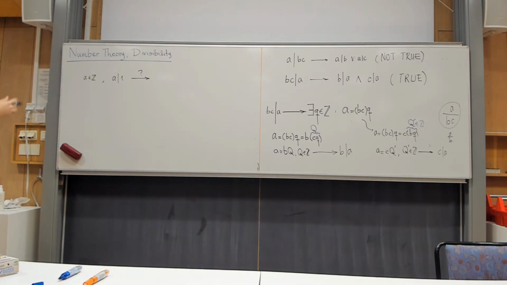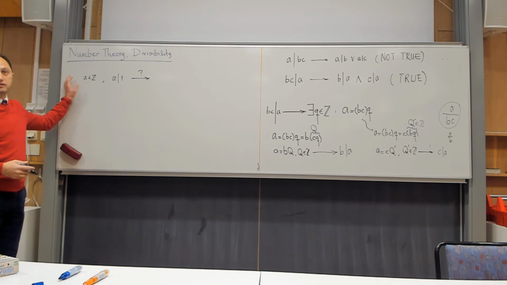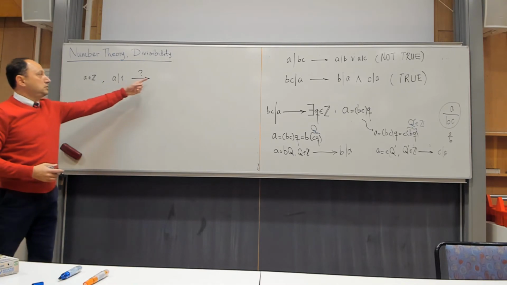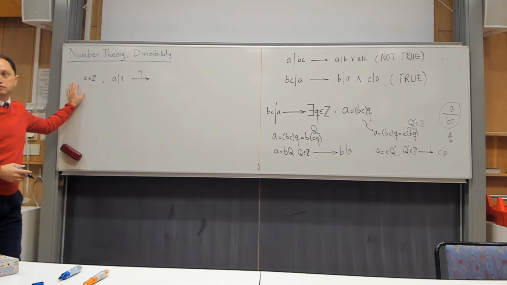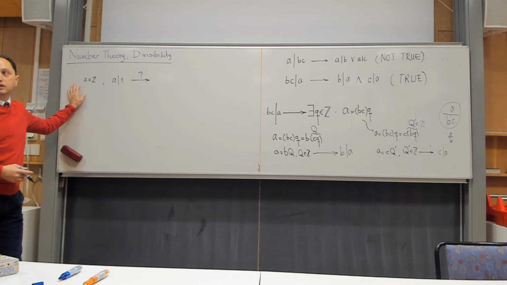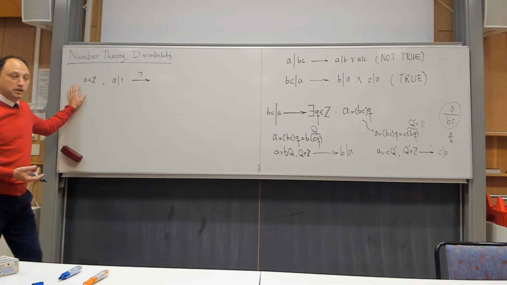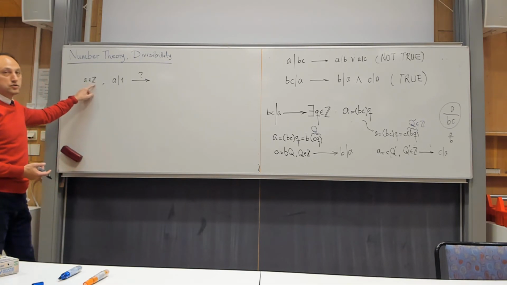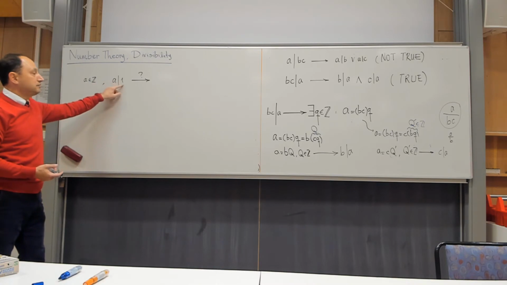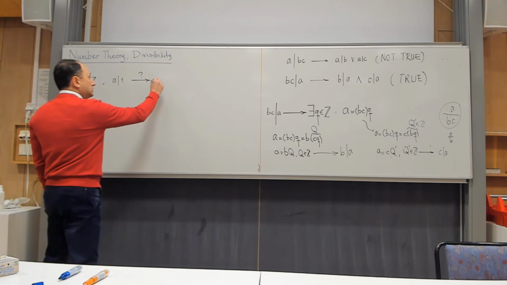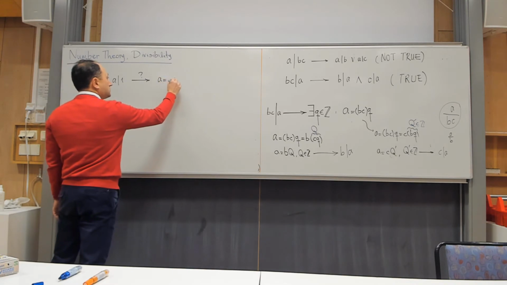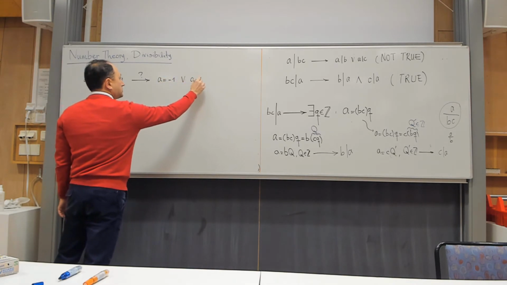These are the things that I wanted to get used to this symbol. What is the immediate consequence of this? Is it that A is 1? Not exactly. Or negative? Or negative. Yes? So if you know that A belongs to Z, and you know that A divides 1, what can you conclude? You can conclude that A is minus 1 or A is equal to 1.